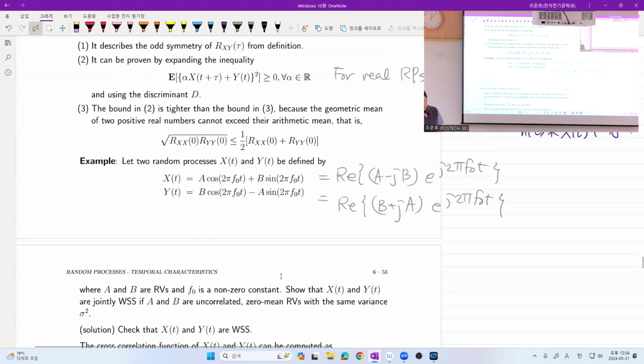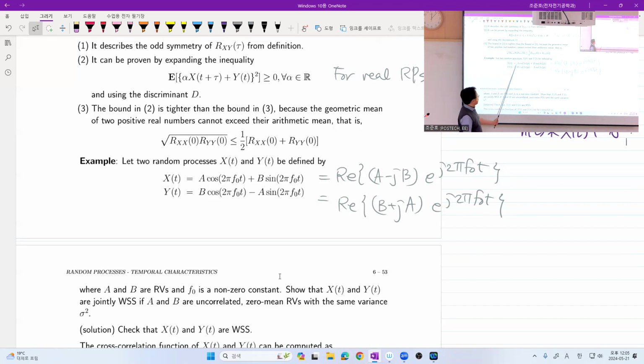Okay. Now here goes an example. So you check whether the previous lemmas are really correct. Actually, they are really correct. But anyway, let's check. The idea is simple. You have two jointly distributed random variables, A and B. And once you choose the values of A and B, you have full sample paths of x of t and y of t.